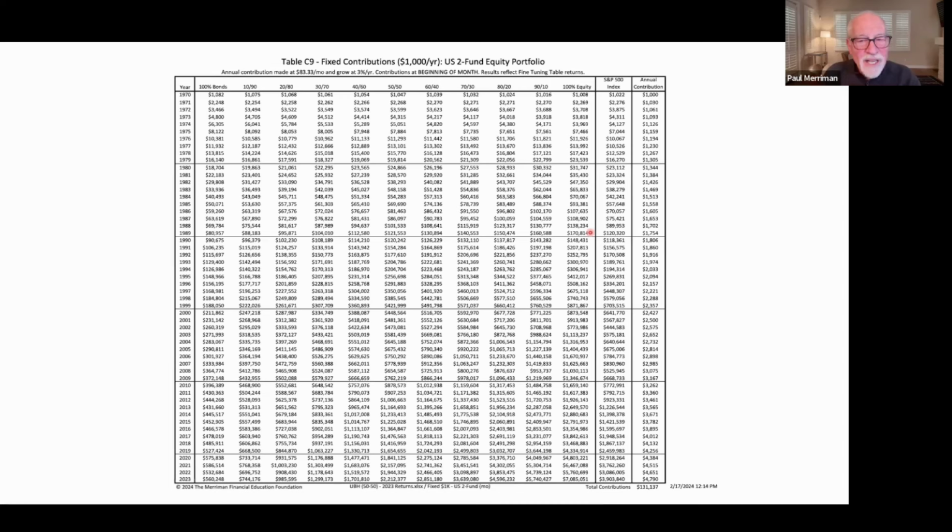And now you're 20 years into this process, and I think you've got it. I think it's important that the combination of S&P 500 and small cap value is working there for you, because some years it's going to be the S&P 500, some years it's going to be small cap value.